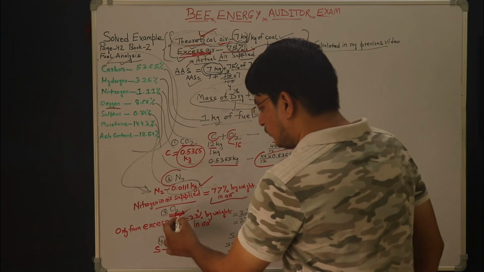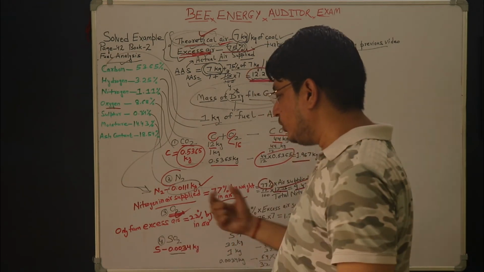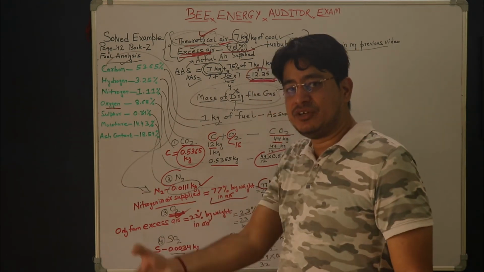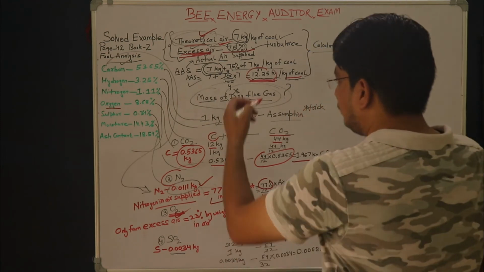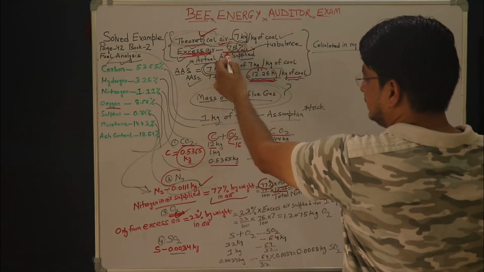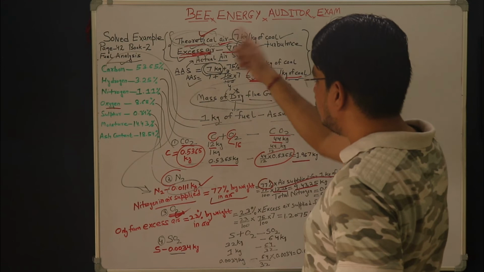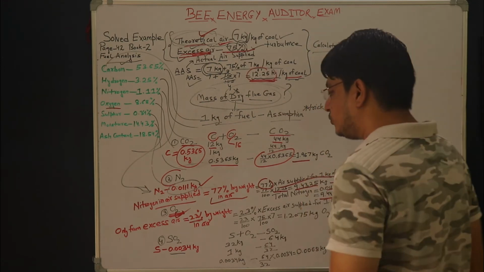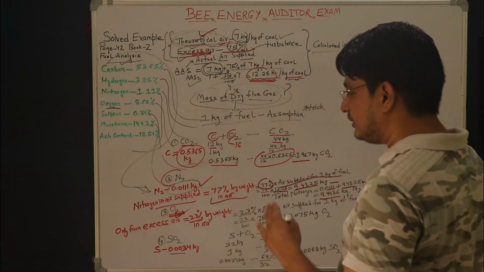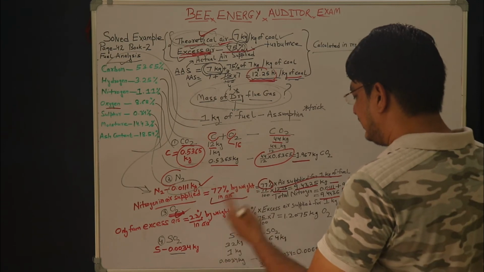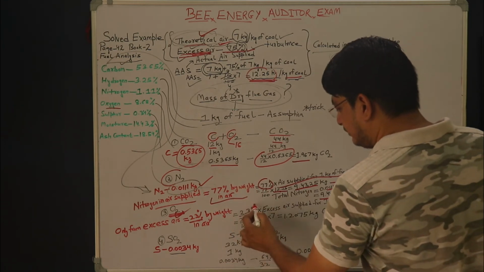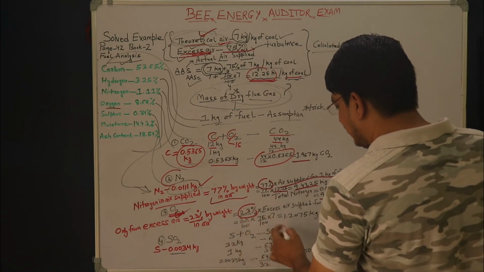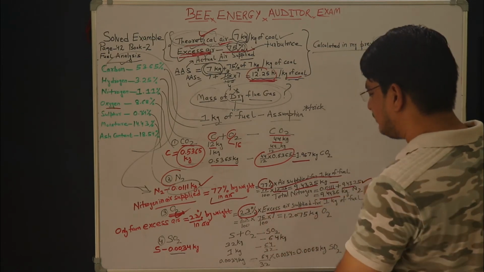So for calculation of oxygen in the dry flue gas, you require the amount of excess air you have supplied. I have already calculated that the excess air supplied is 75% of the theoretical air. So the oxygen supplied can easily be calculated as 23% multiplied by the excess air that has been supplied.